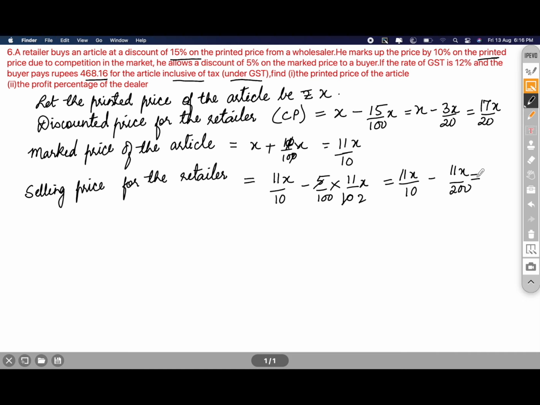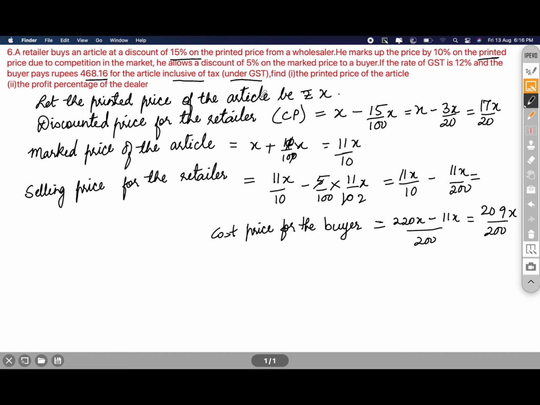I am writing in the next line, simplification will give you 220x minus 11x by 200, right? So this is equal to 209x by 200, which is also equal to the cost price for the buyer.